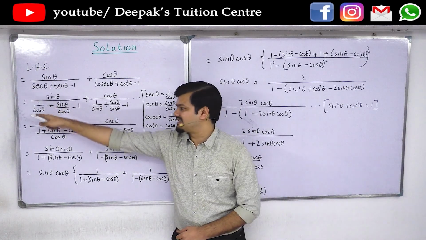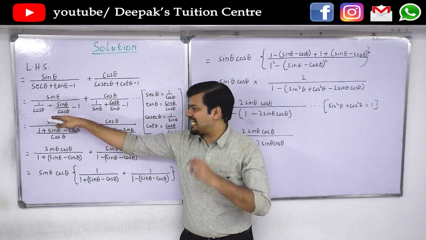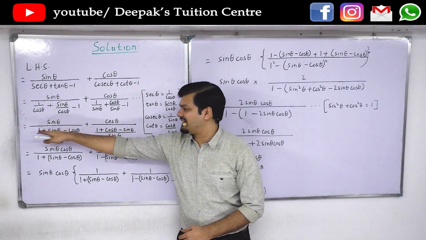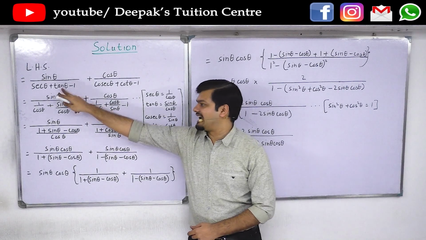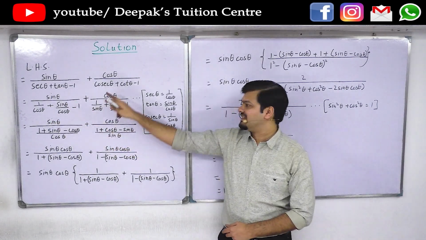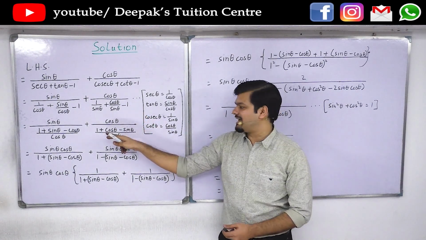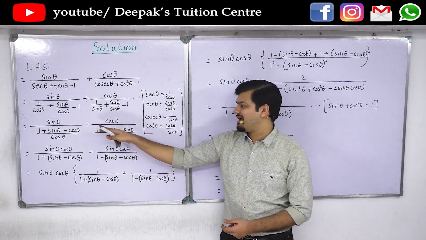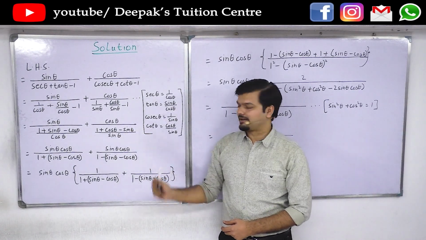Now in the first fraction, we take the LCM of the denominator. We get cos theta as the LCM. So in the numerator we get 1 plus sin theta minus cos theta, and the sin theta gets copied down. Similarly, cos theta gets copied, and in the denominator we take the LCM, we get sin theta as the LCM, and 1 plus cos theta minus sin theta as the numerator.